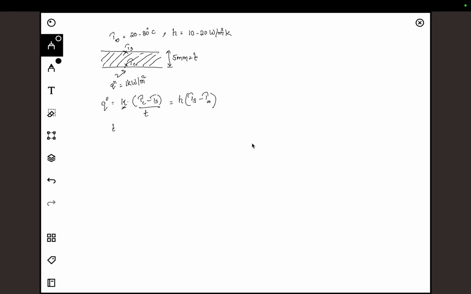So I know Ts, I know H, I know T infinity, but I only know the range of values of T infinity. Again, for H also, I only know the range of values. I do not know the correct value of H, but you can just pick one value, either minimum or maximum. I also know Q double prime.